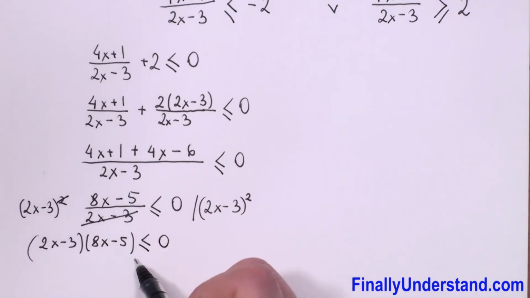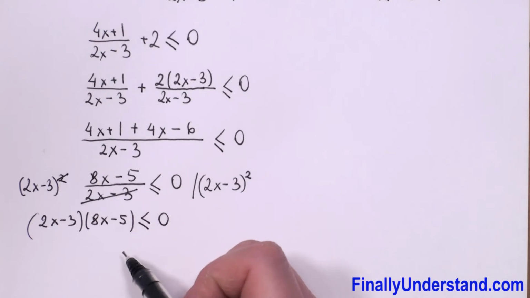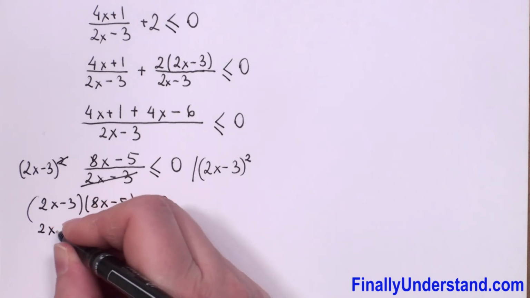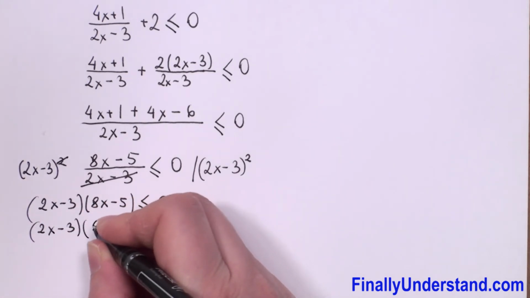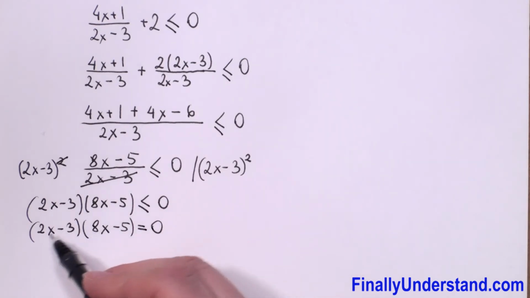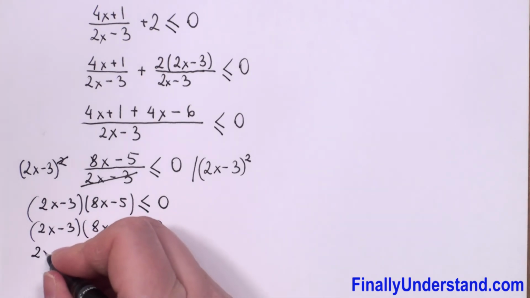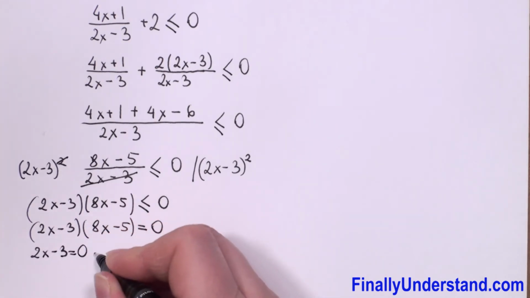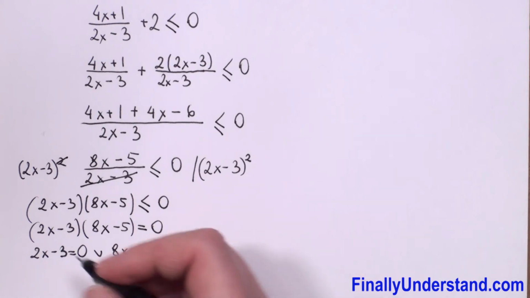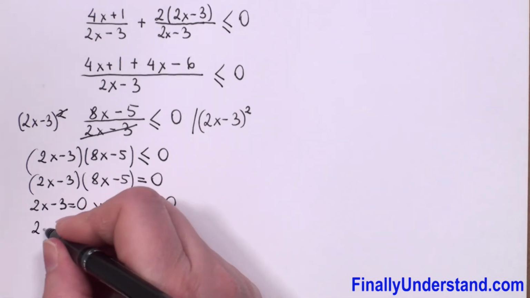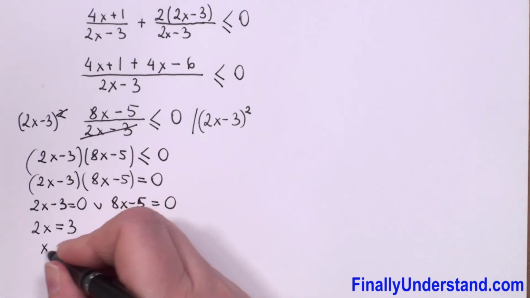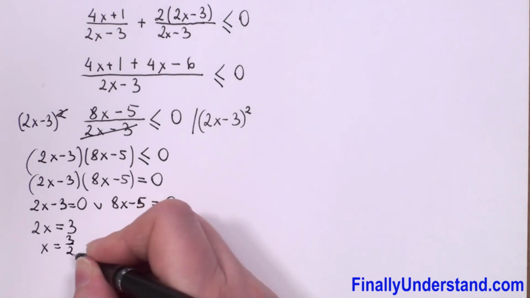So first, to solve these inequalities, we have to find the roots. It means we have to solve equation 2x minus 3 times 8x minus 5 equals 0. When the left side will be 0? When 2x minus 3 will be 0, or 8x minus 5 will be 0. So we have 2x is equal 3, so x is equal 3 over 2.